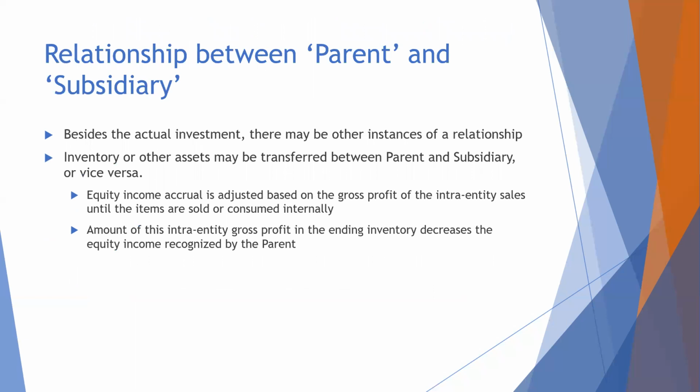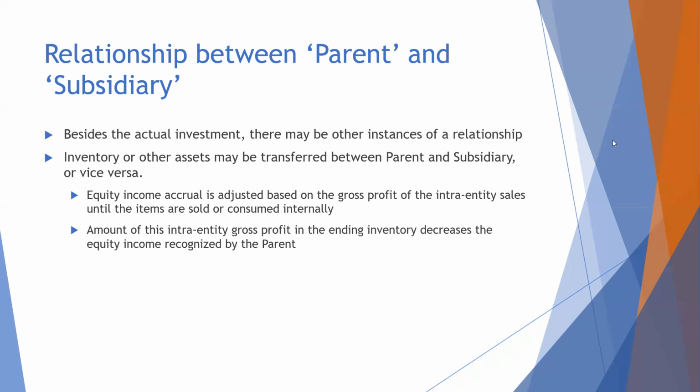Now, we know that at times there can be more than just the investment of stock that creates a relationship between the parent and the subsidiary. There could be other instances such as intra-entity transfers, and we'll get into that later on, where the parent may sell or loan assets to the subsidiary, or the subsidiary may do the same to the parent.